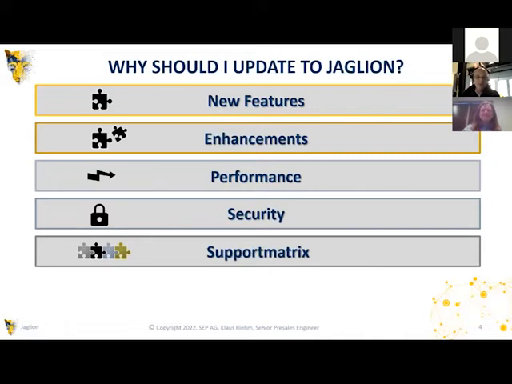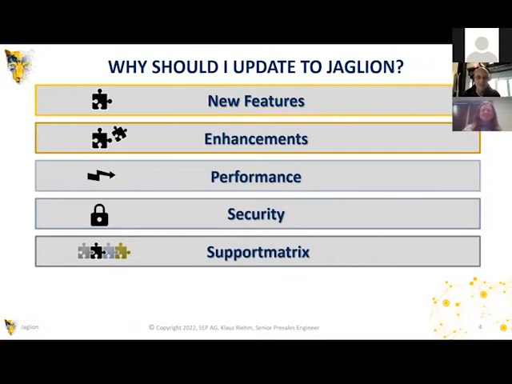And then we have the support matrix, because, well, SEP Sesam is definitely one of the products with one of the biggest support matrices at all. We have a lot of agents, support a lot of databases and applications, and all these vendors and applications have new releases all the time.